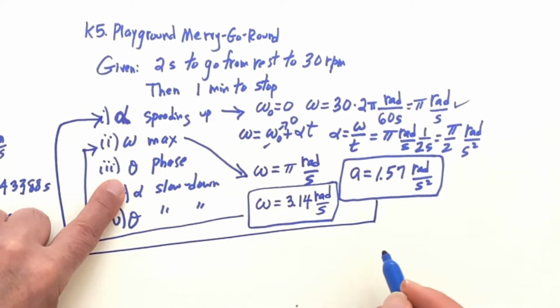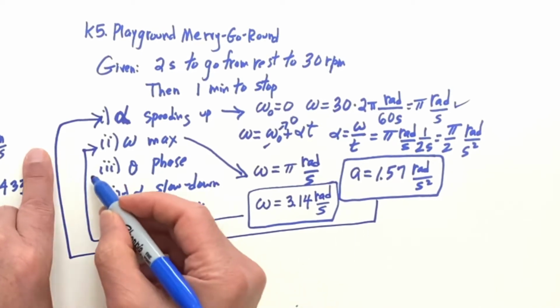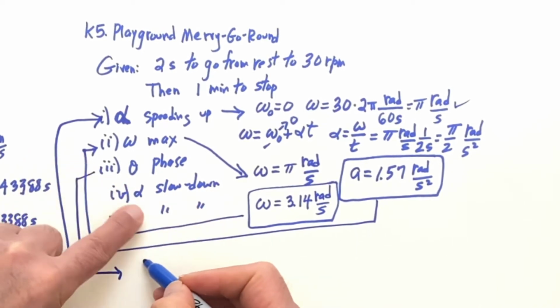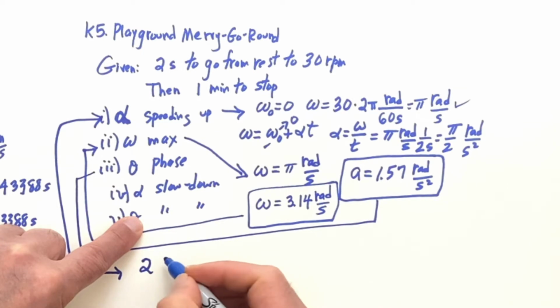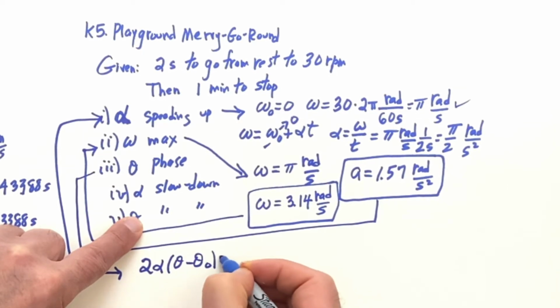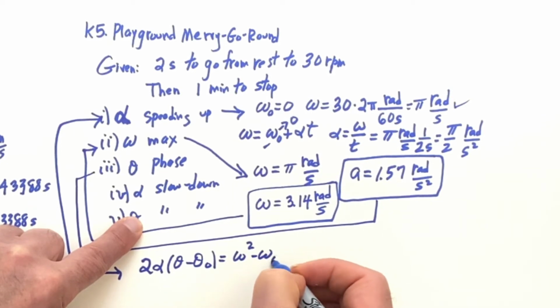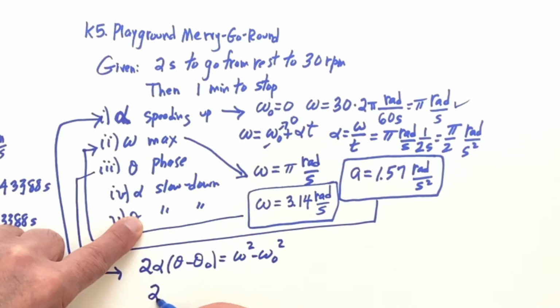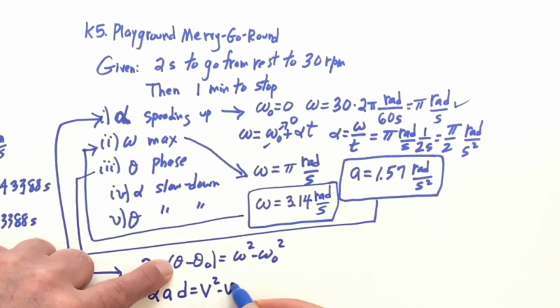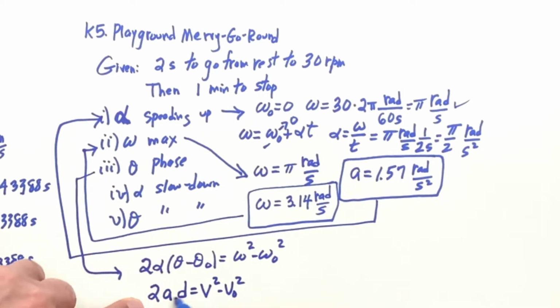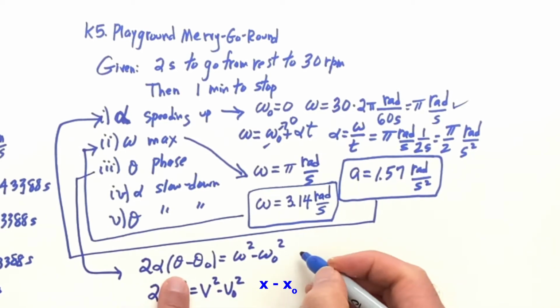Now, what's the angle during this phase? Well, for the angle, we use 2 alpha times theta minus theta naught is equal to omega squared minus omega naught squared. Remember our formula, 2ad is v squared minus v naught squared from translational kinematics, where this was x minus x naught. So now we're using this form.